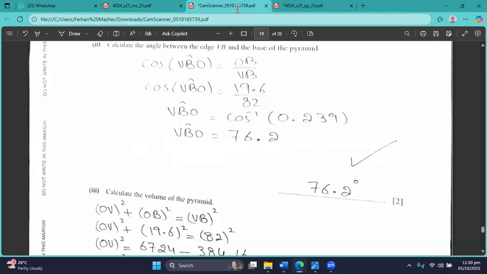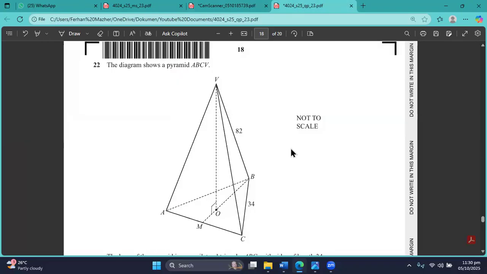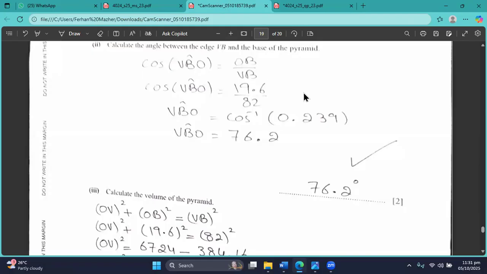Okay. So this is how I have done this, and I have tried to explain it to you here. We have used the triangle VOB, which is a right angle triangle. I know this side, which is the hypotenuse. I know the OB side, that's 19 point something. That's the base. And I want to know this angle, VBO. And this is how I have done this.